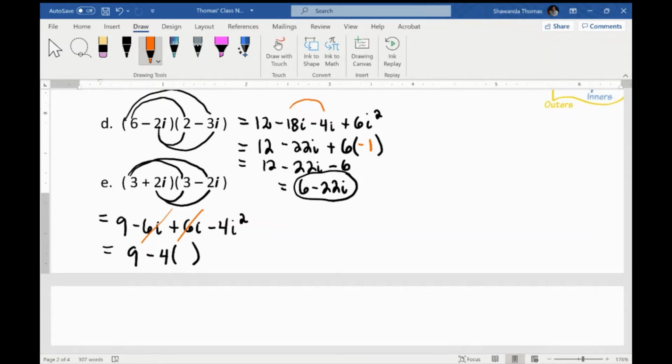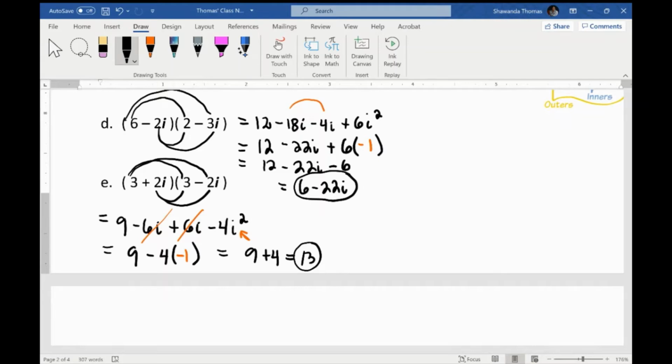Every time we have i squared, we have to convert it to negative 1. So really what we have is 9 plus 4, which equals 13. So here's what's nice about multiplying conjugates.